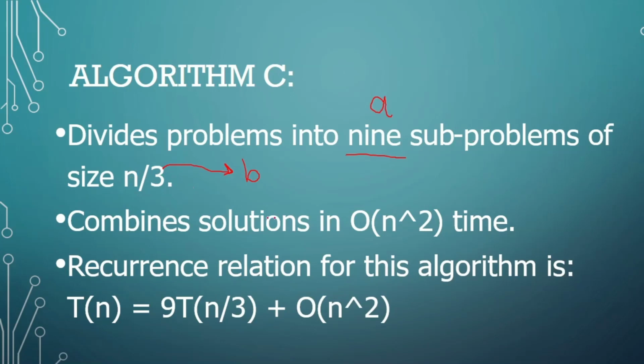So b is 3, and it combines everything in big O of n squared, so this is our f(n), and we end up with this recurrence relation, right? So we have T(n) equals 9T(n over 3) plus big O of n squared.